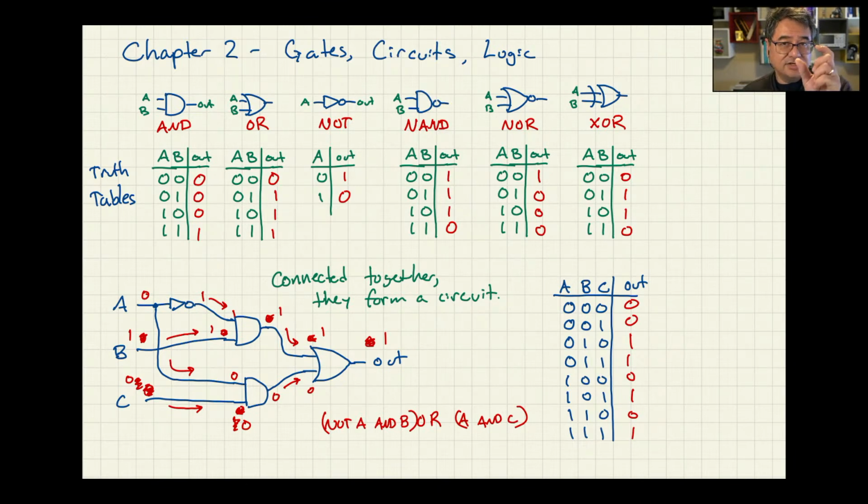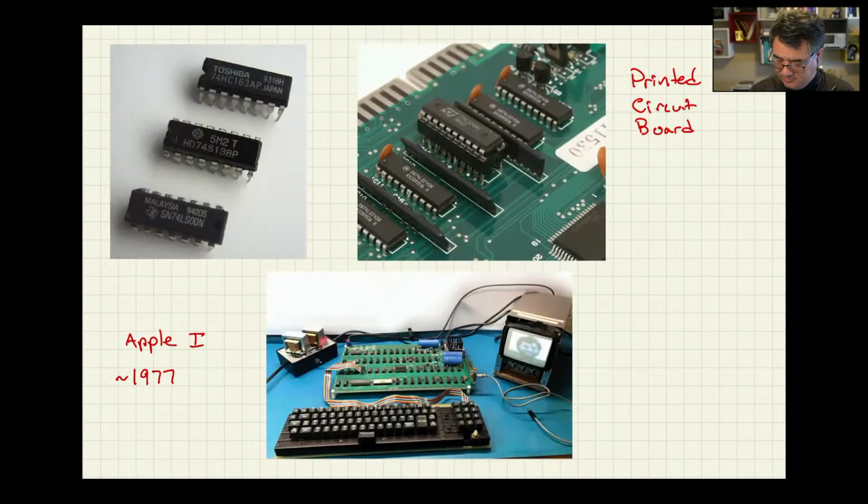So these logic circuits, these logic gates, you can actually buy from an electronics distributor. They look like these things over here on the left-hand side. Each one of these little packages is about 1 inch long, about 1/4 inch wide.